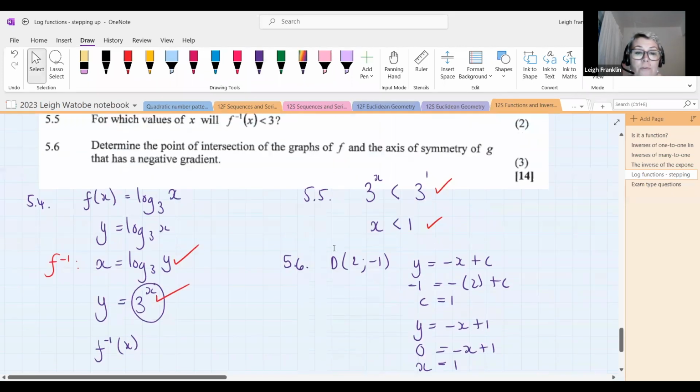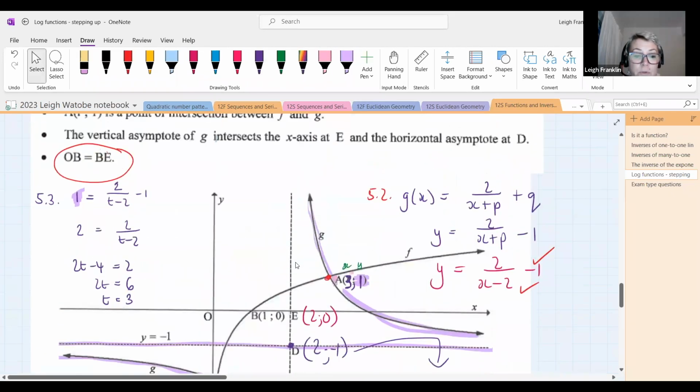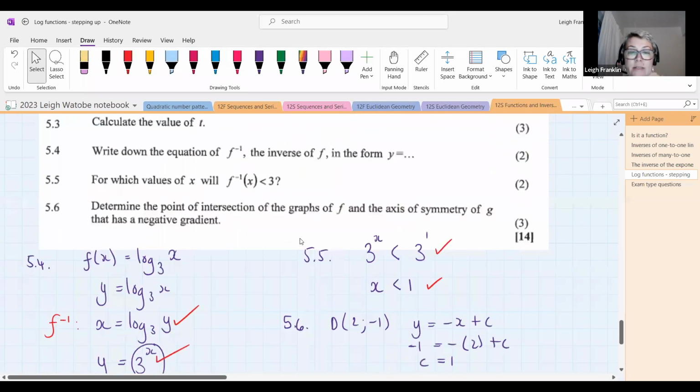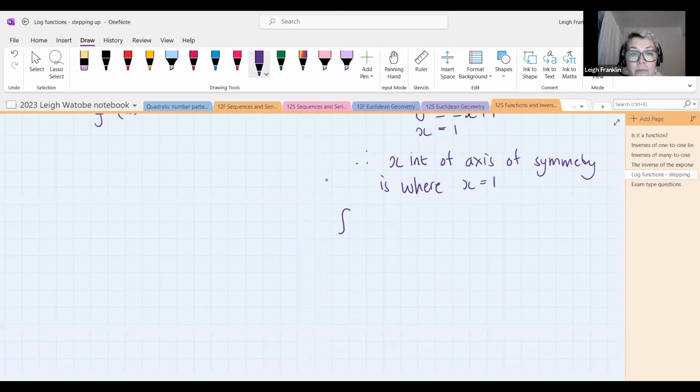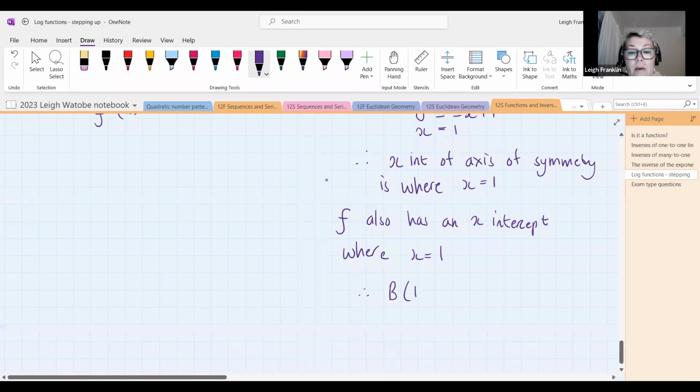Our graph of f also has an x-intercept where x was equal to 1. So therefore, B is a point of intersection. All right, and that's how I would have done that question.